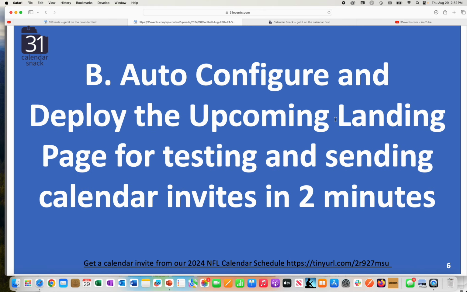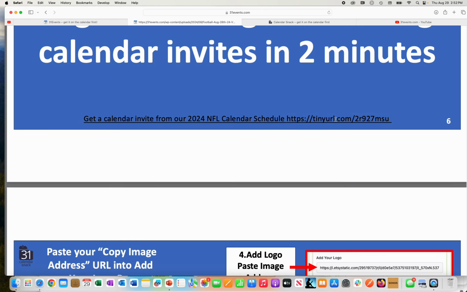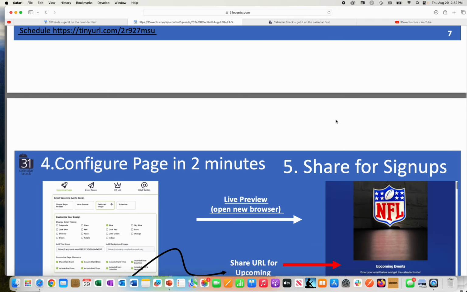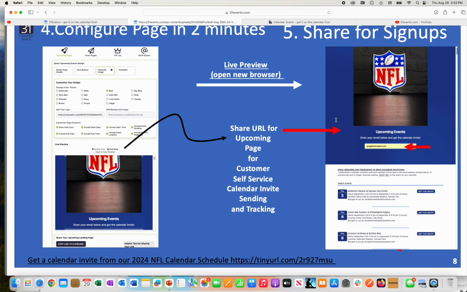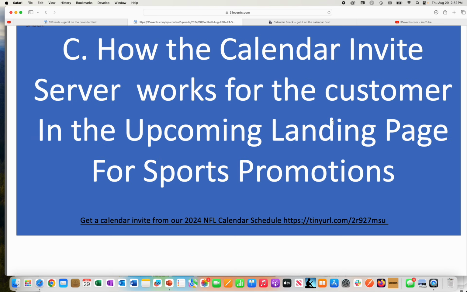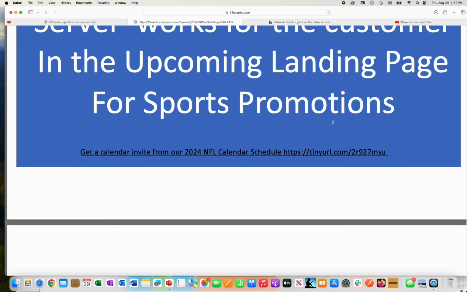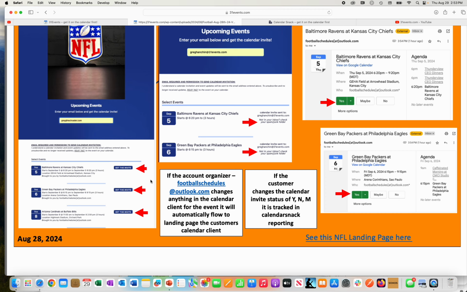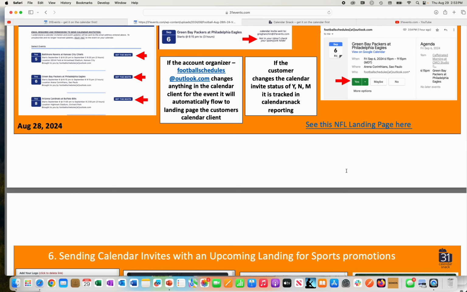It's just a quick 20-minute overview. It only takes a few minutes to understand the conceptual part of our stack, and as you get through the configuration pages, how the pages are put together and how the upcoming events work, and then why you do it from a sports promotion standpoint. The gist of it is when someone hits the get the invite button, we send them the details in the calendar client itself, and then obviously track that.